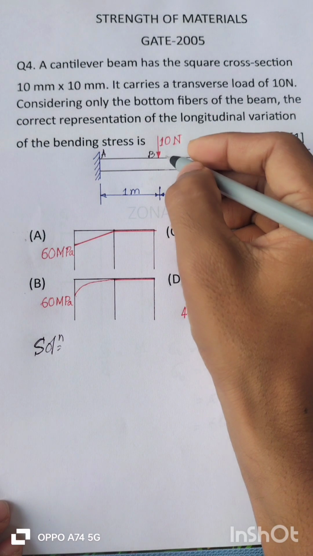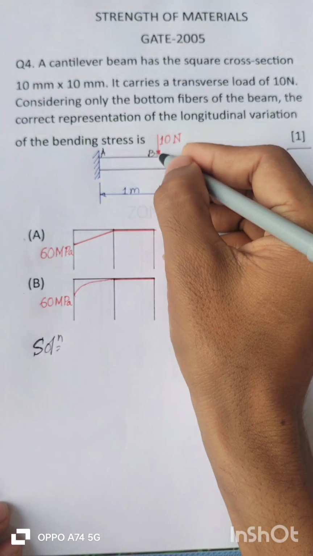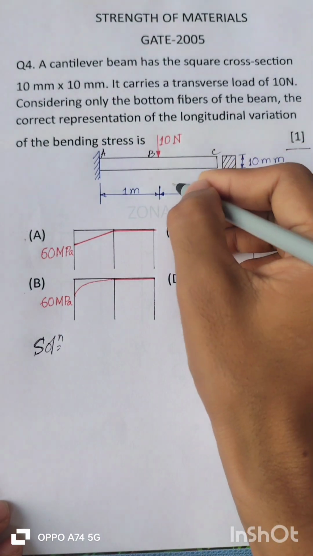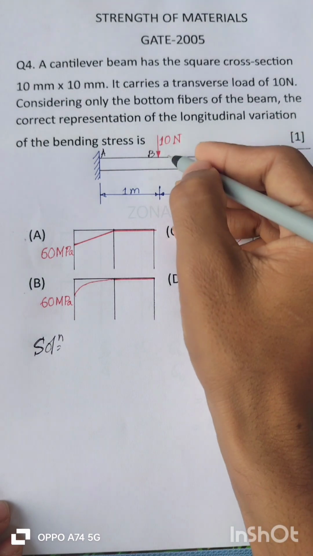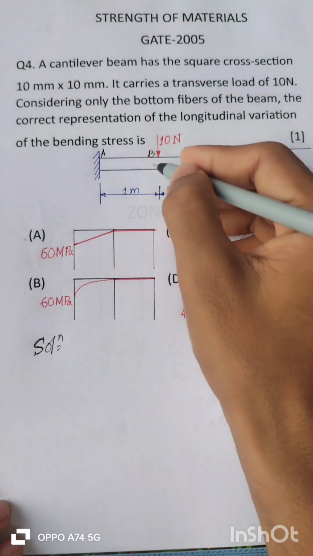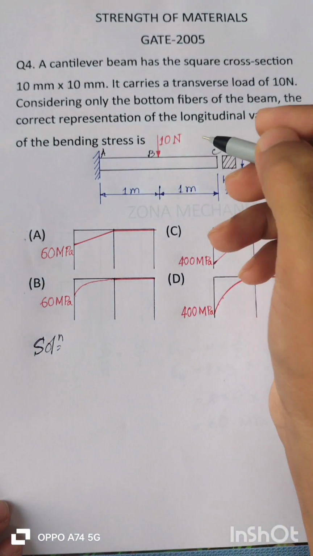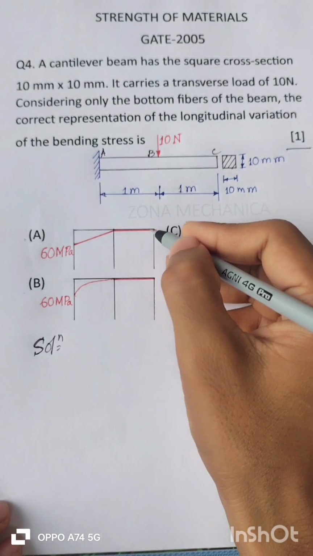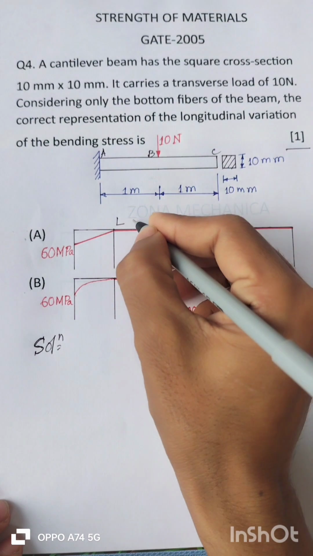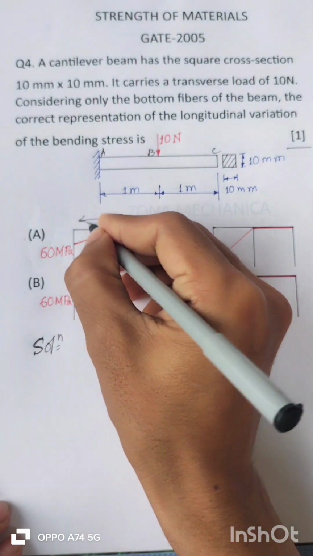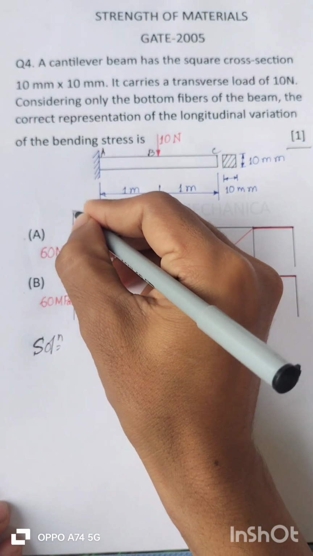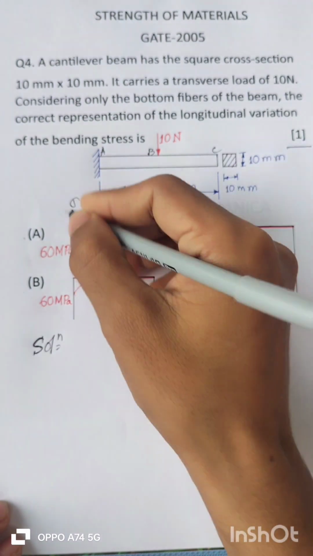So clearly the parts AB and BC are both of 1 meter and both will show two different types of variation of bending stress. So in the options, this is the length axis of the beam, and this is sigma, that is the bending stress.